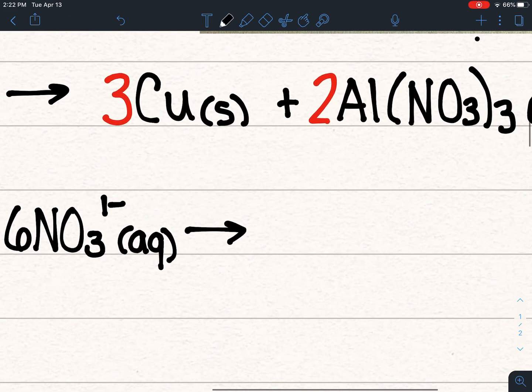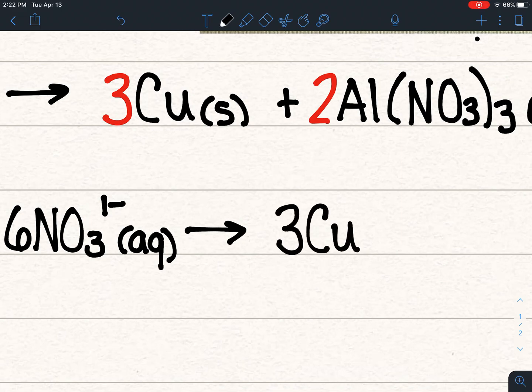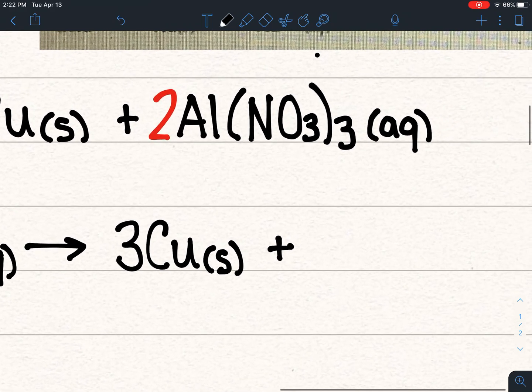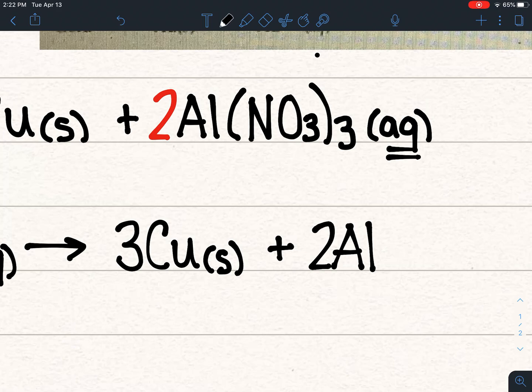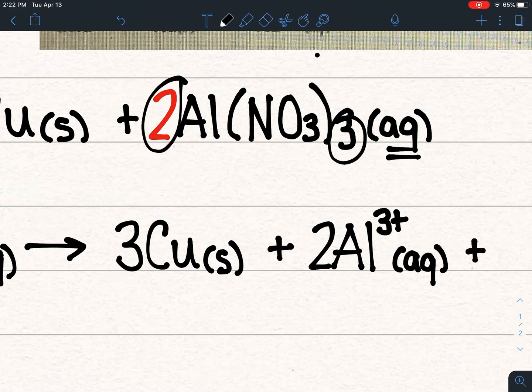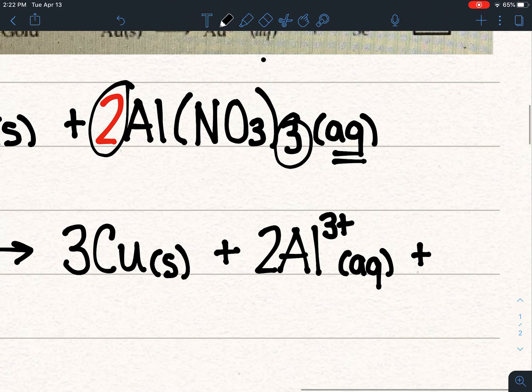Continuing on in this equation, we have another solid, so we'll write 3Cu solid plus aluminum nitrate, which again is aqueous. So all of these aqueous ionic compounds, we're going to break those down. 2Al, and aluminum as an ion has a 3+ charge. And then we have a total of 2 times 3, or 6 nitrates, which should match what we had before.